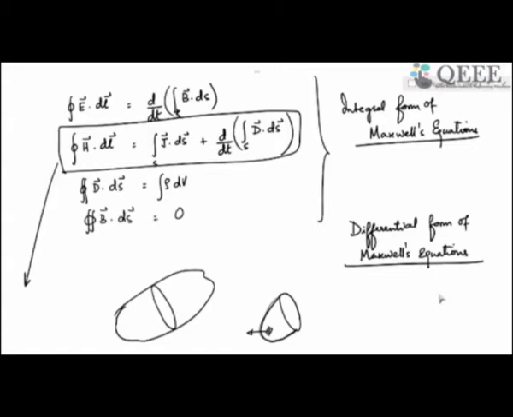The loop integral should go clockwise, which means my loop integral should be this way. Now in the other half of the potato, which is like this, my loop integral has to be decided by the direction of the surface normal. This is my surface normal.